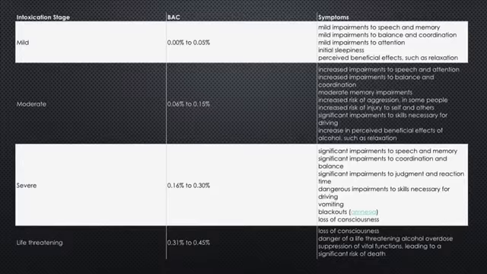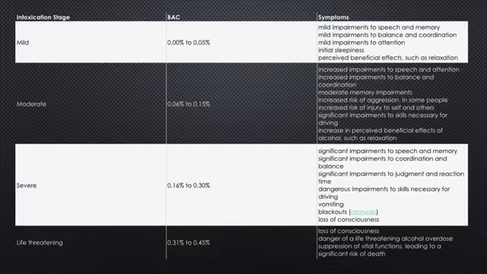And again, moderate, that's 0.06 to 0.15: increased impairment in speech and attention, increased impairment in balance and coordination, moderate memory impairments, increased risk of aggression, and in some people, increased risk of injury to self and others, significant impairment to skills necessary for driving, and increased perceived beneficial effects of alcohol such as relaxation.